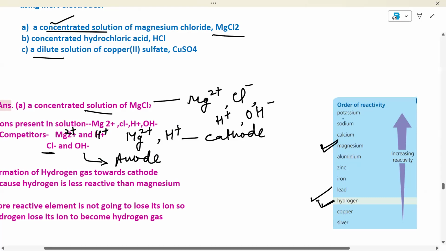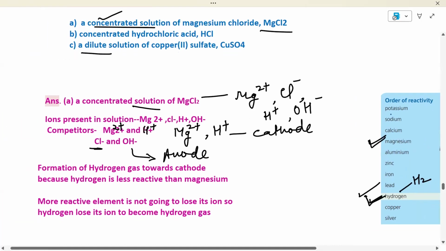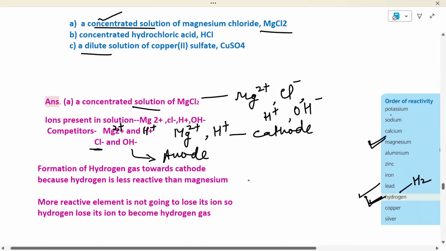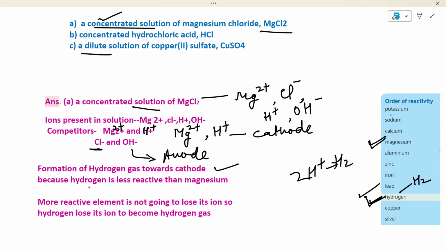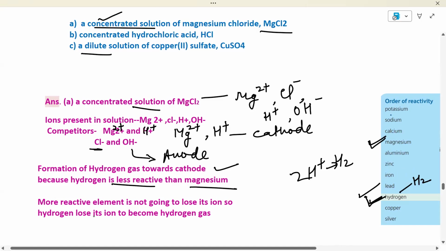So here hydrogen is going to lose its ionic state and convert into hydrogen gas. So it means formation of hydrogen gas towards the cathode. When we compare magnesium and hydrogen, hydrogen being less reactive moves towards the cathode and loses its ionic form. Now it becomes hydrogen gas, from H plus to H2, right? So it is written here, formation of hydrogen gas towards cathode, because hydrogen is less reactive than magnesium.